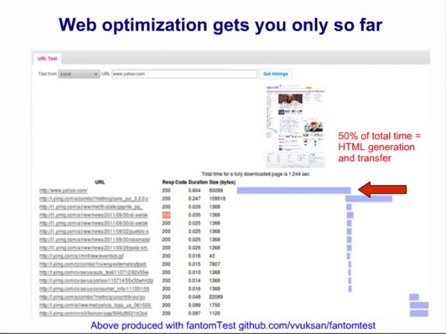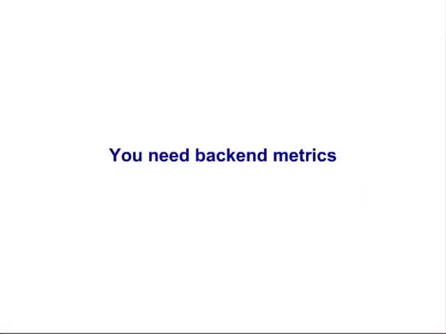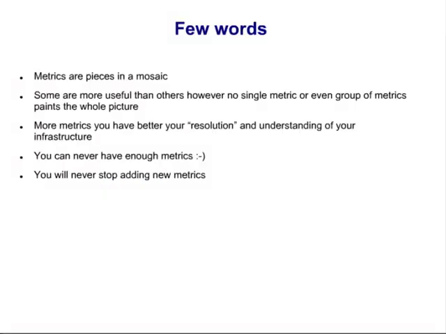As far as metrics, they're just the pieces in a mosaic. Some are more useful than others. There is really not a set of metrics that will give you the whole picture, and the more metrics you have, the better your resolution is, and the better your understanding is of what the causes are.